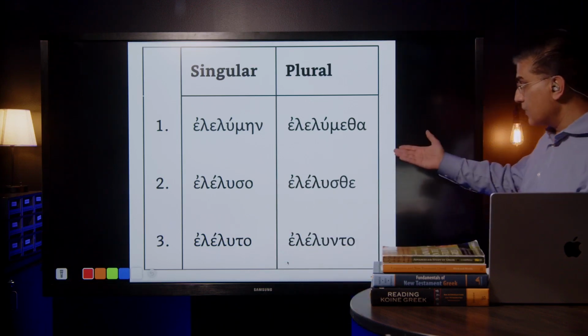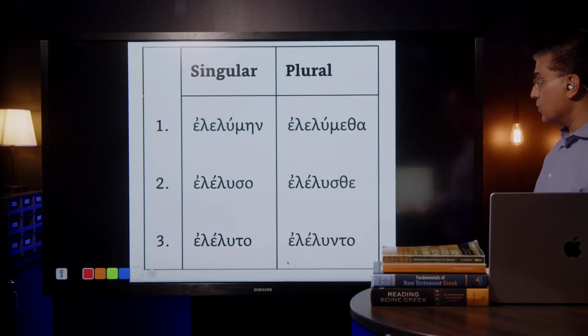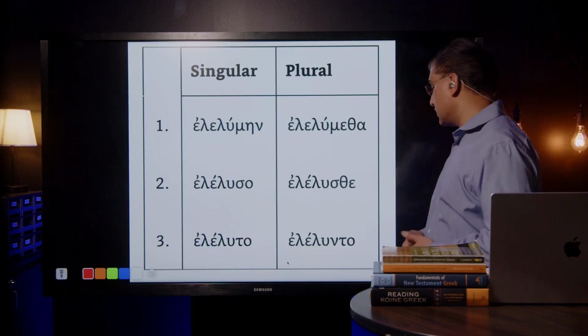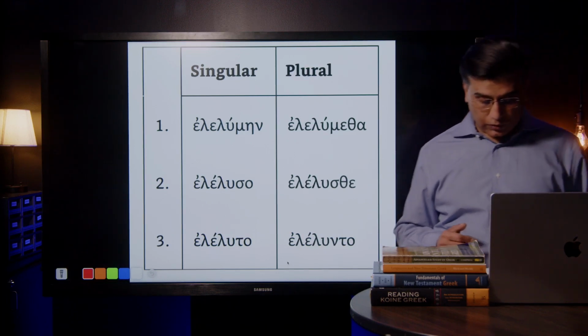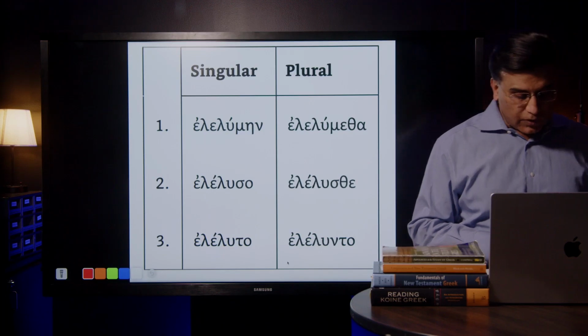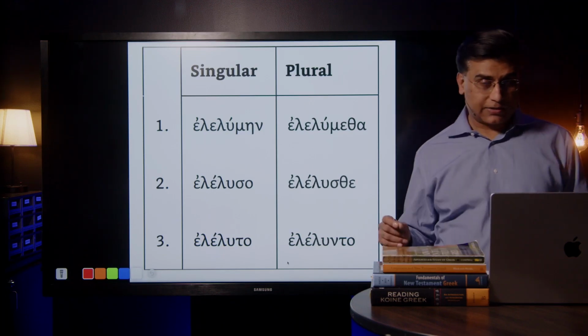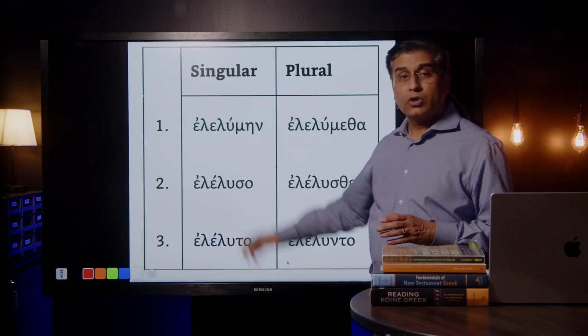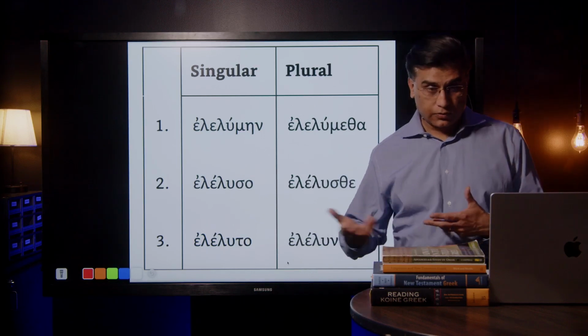Like you see here, elelumen, eleluso, eleluto, elelumetha, eleluseste, elelunto. So these are the pluperfect, middle, and passive, again, based on the luo stem, to lose.